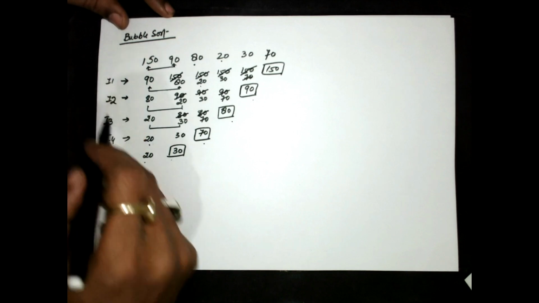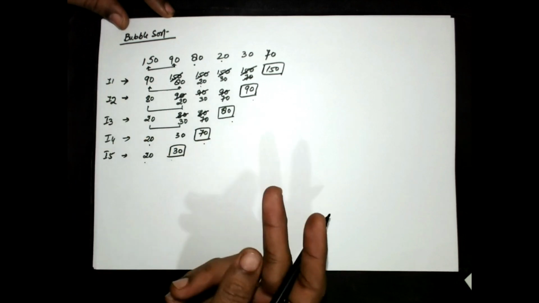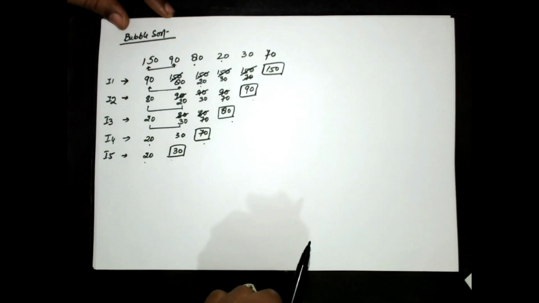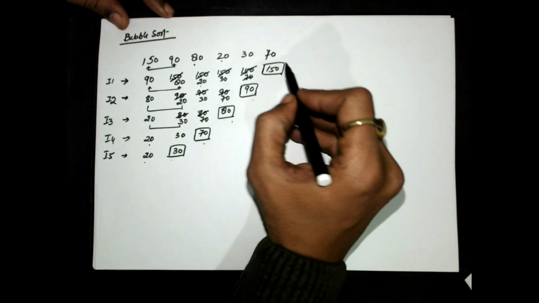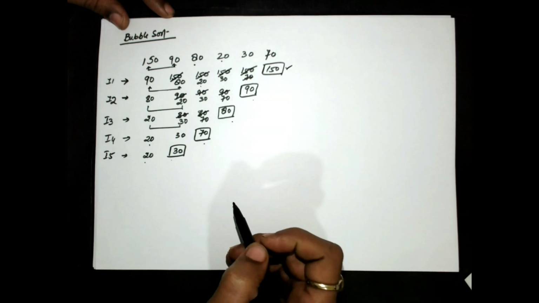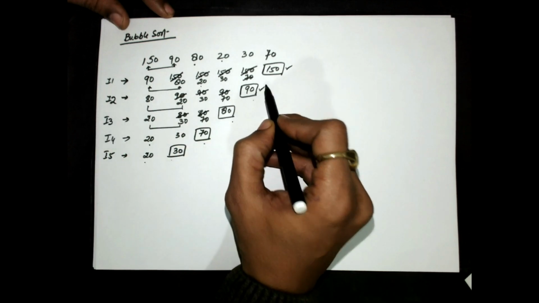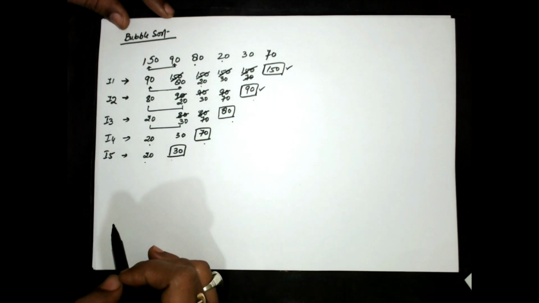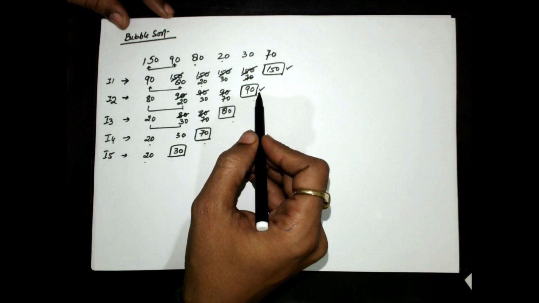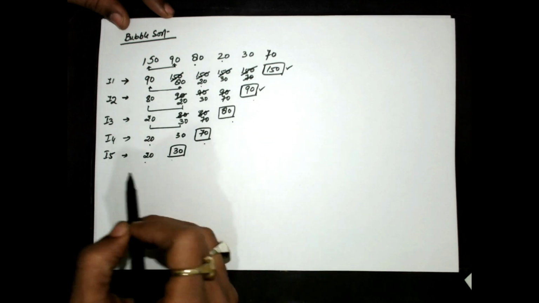So what we did in the bubble sort is that we compared the consecutive elements, and if the previous number is larger than the next one, we exchanged these two numbers. In the first iteration, we got the largest element at its appropriate position, that is, the last position. In the second iteration, the position of the second largest element got fixed at the second last position, and so on.